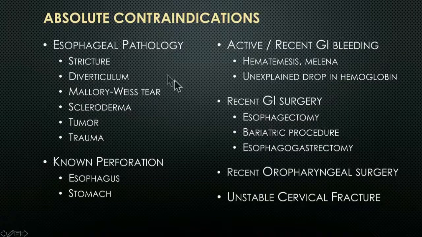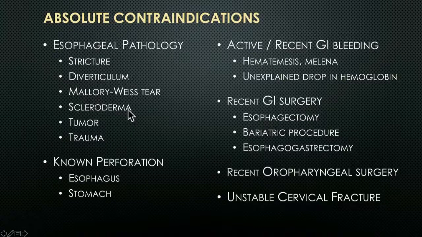Any overt esophageal pathology, a known stricture, a known diverticulum, a recent Mallory-Weiss tear documented, scleroderma, particularly scleroderma associated with any kind of dysphagia, but some even, including myself, consider scleroderma, even when it's cleared by GI, to be a contraindication due to the easy friability of the esophagus in these scleroderma patients.